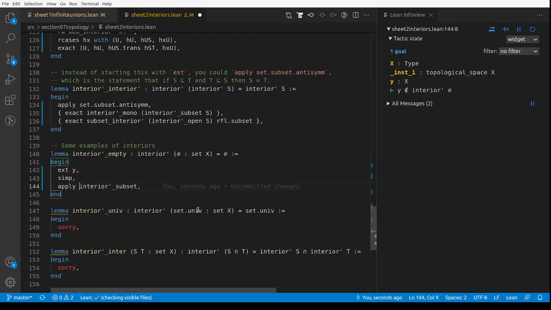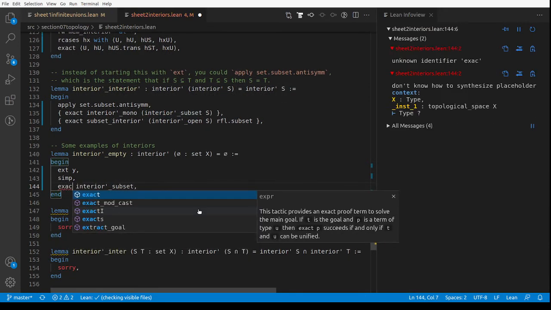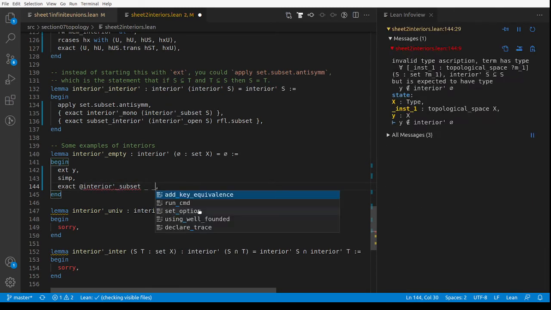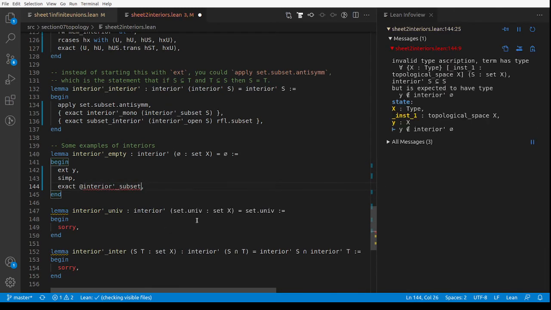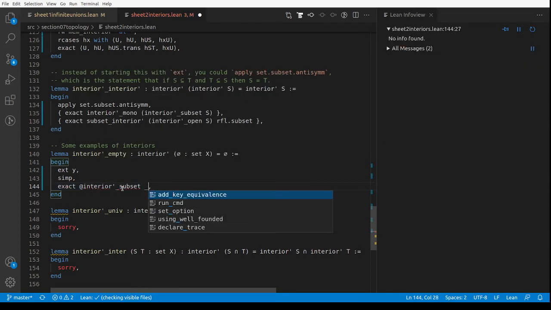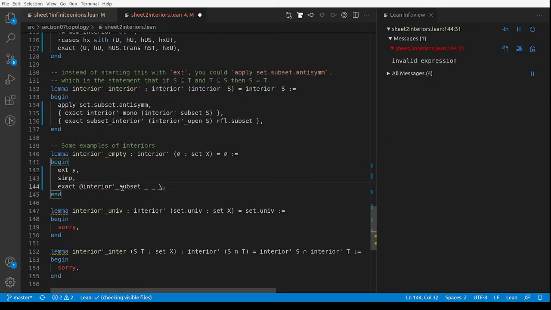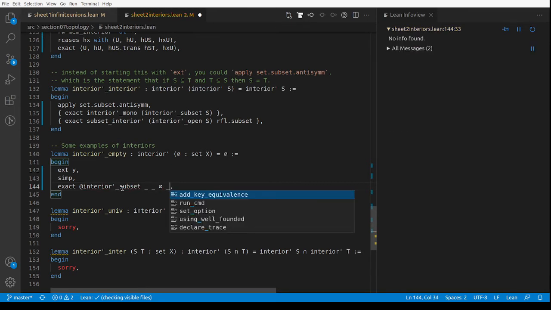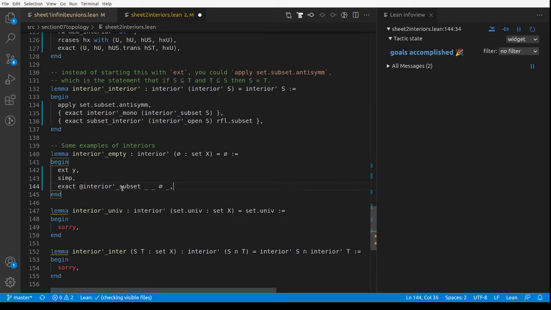Oh, I know what it is. I've got it. It's going to be exact at interior primed subset something. Oh man, it needs X topological space, and then the empty set, and then got it. There we go.